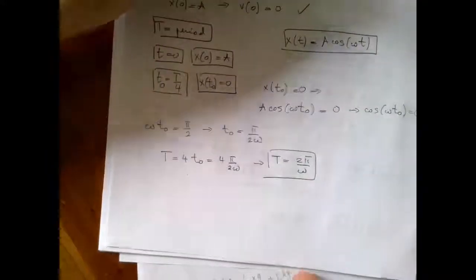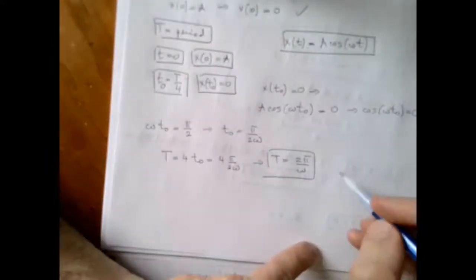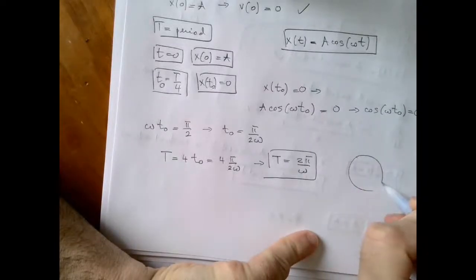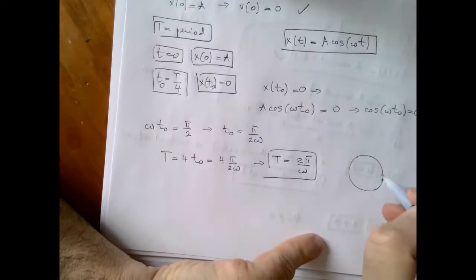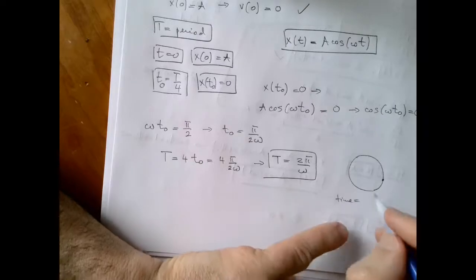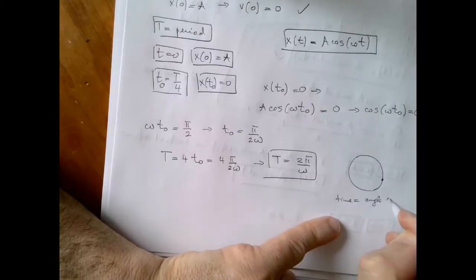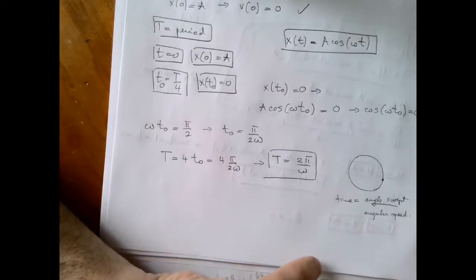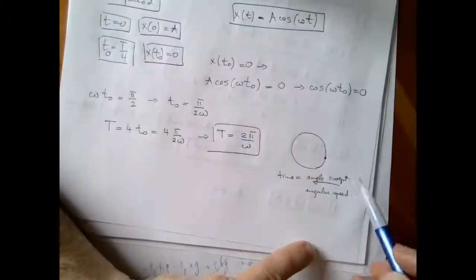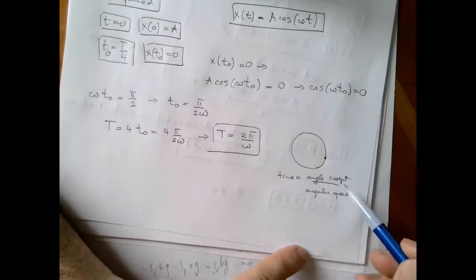This is an expression that we saw when we studied uniform circular motion. That was the time it took an object to go around the circle once. At the time, we said that the time is equal to the angle swept divided by the angular speed. This is the definition of angular speed: angle swept divided by time.